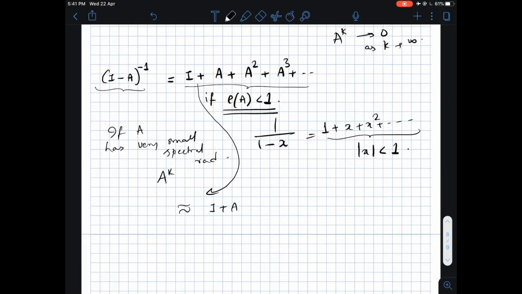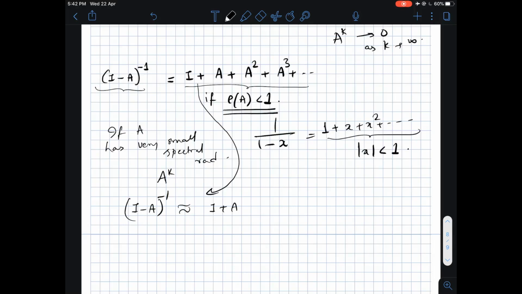Maybe if the spectral radius is really small, I can approximate it with only 2 terms, I plus A, and that will be an approximate inverse of I minus A. So (I minus A) inverse is approximately equal to I plus A if A has very small spectral radius. That gives you huge computational savings if you already have some information about your matrix A.